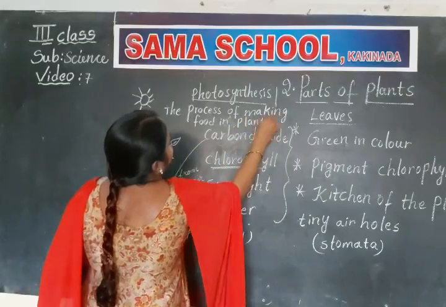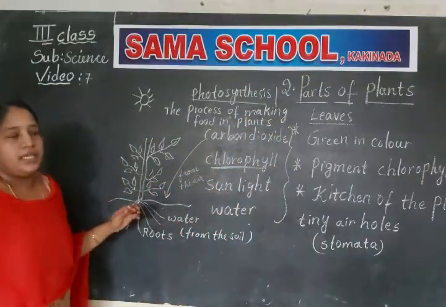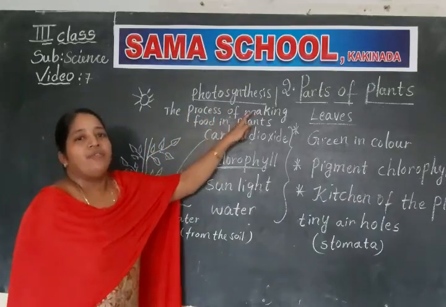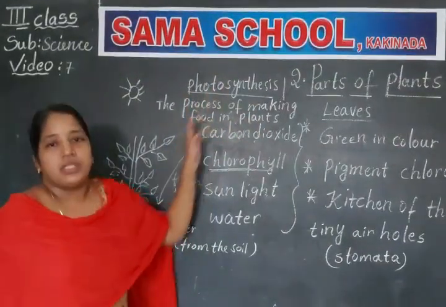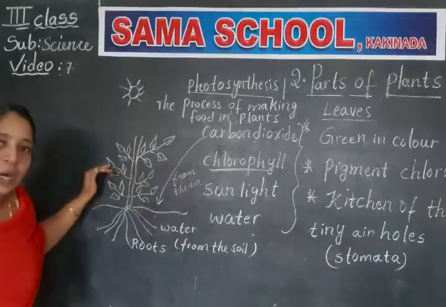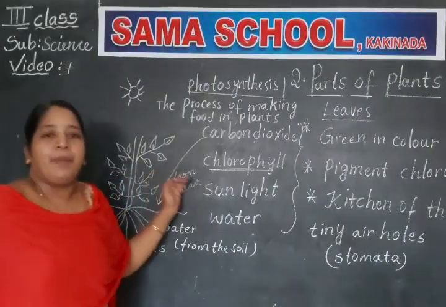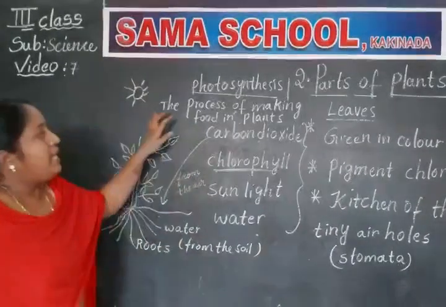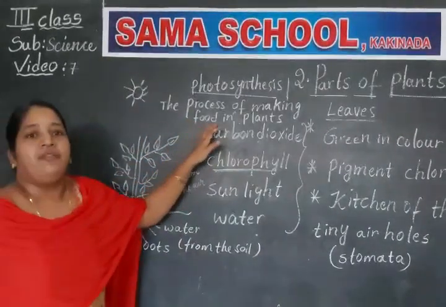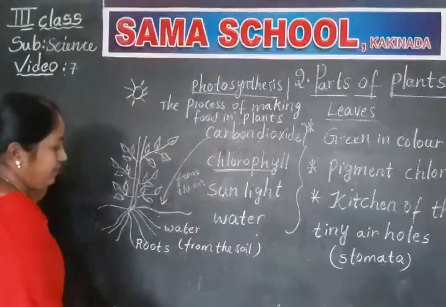The process of making food in plants is called photosynthesis. So plants are the only living things which can prepare their own food materials. Clear, children?